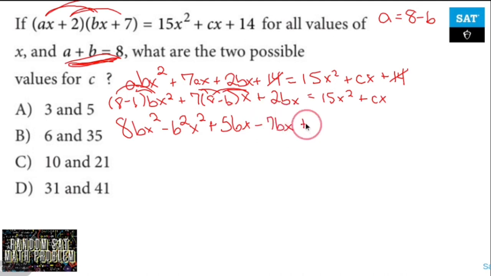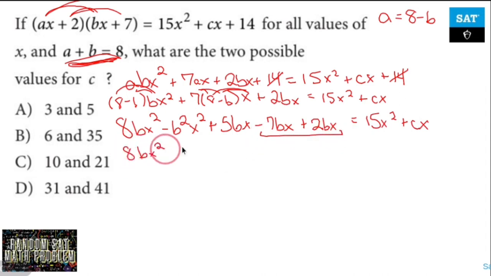Right next to it is 2bx, so a little bit of combining like terms will happen here. That's going to equal 15x squared plus cx. I'm going to combine these two. And the only thing that changes from the line above is me combining those two. So I have this going on.